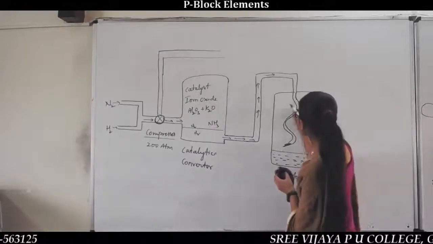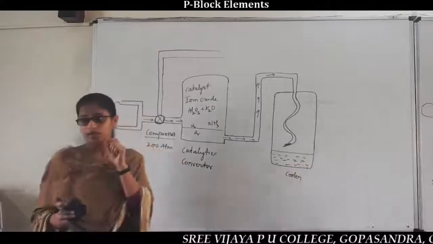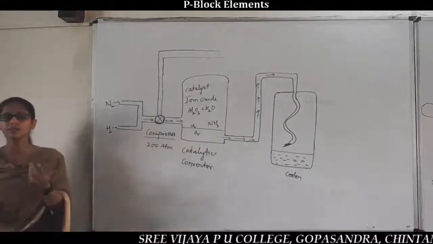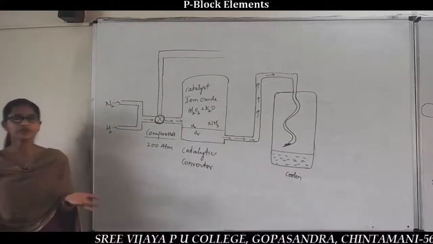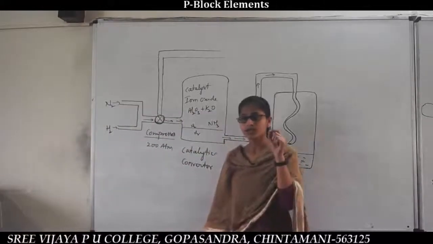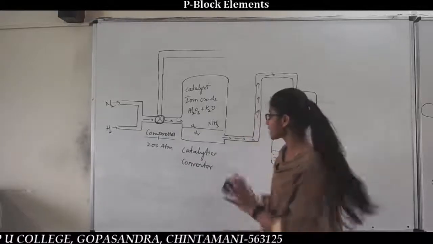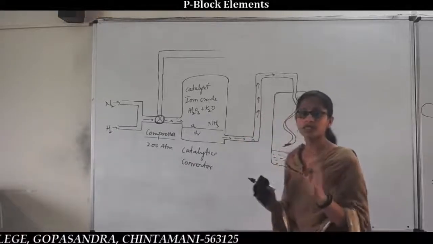We know that different gases have different liquefaction values, and they undergo liquefaction at different temperatures. For example, hydrogen and nitrogen liquefy in a certain temperature range, so we have to maintain the temperature condition.